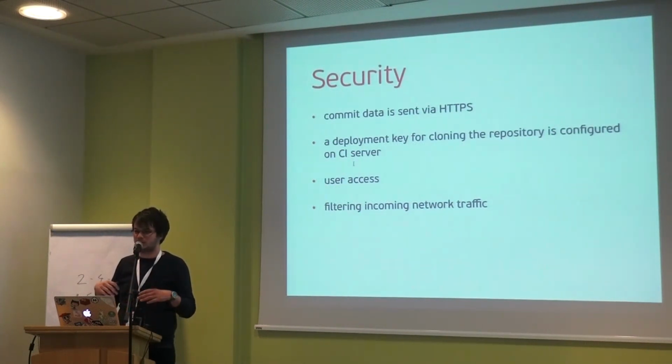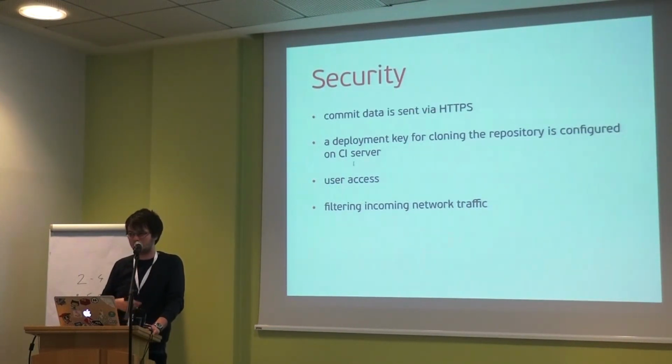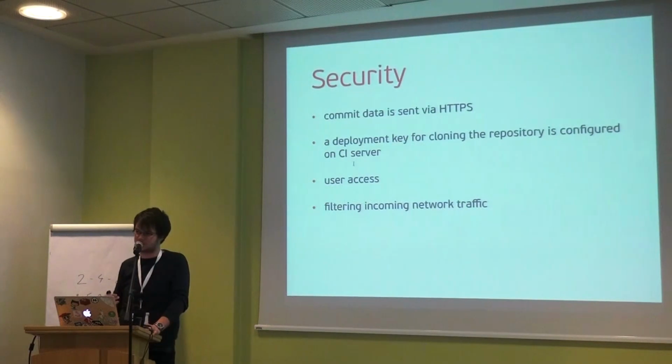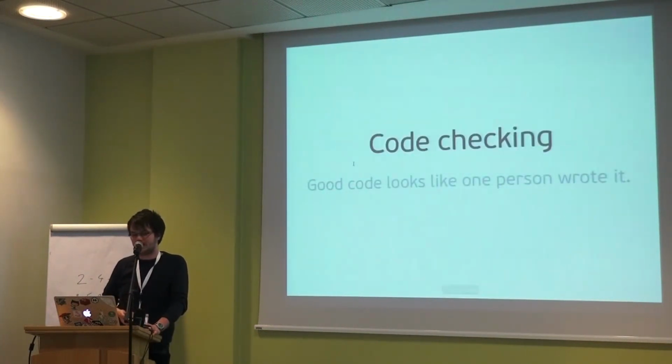So we had to build it all internally in our company's network. So currently we have an Ubuntu machine which holds the Jenkins server. We filter all incoming network traffic and we use it specifically only for Jenkins, and it's like located 10 levels below the surface, locked with 54 keys and so on.